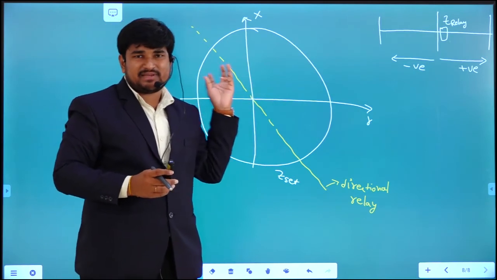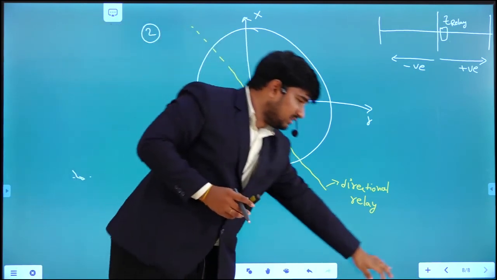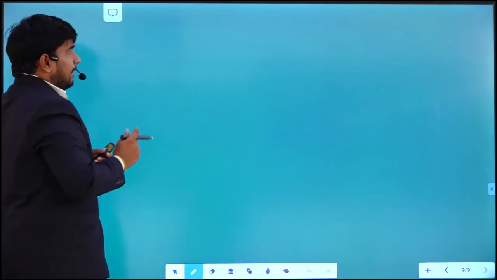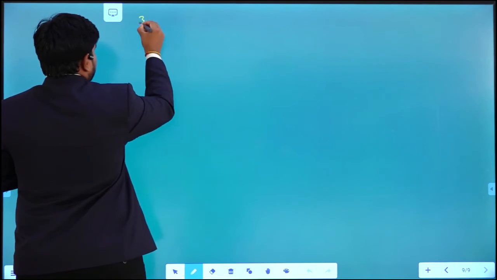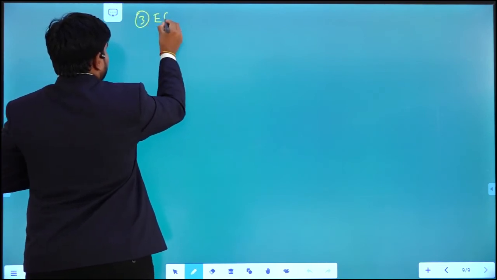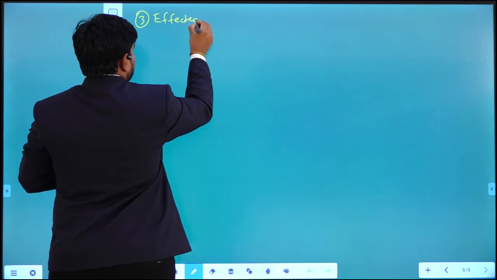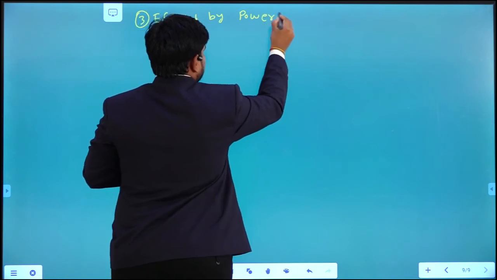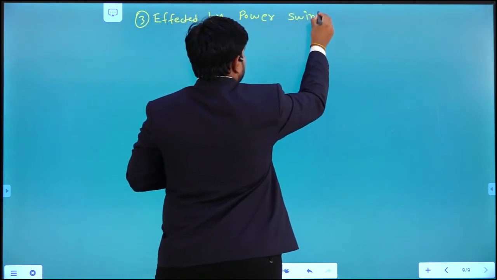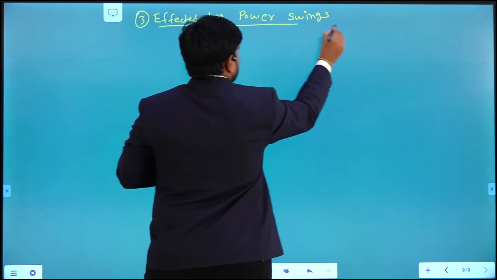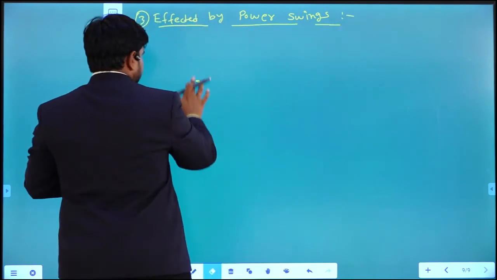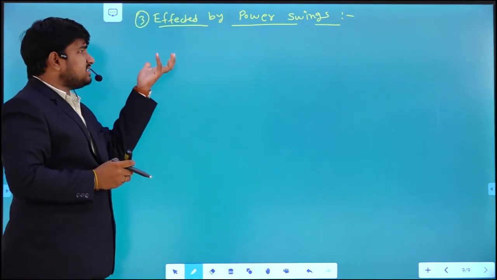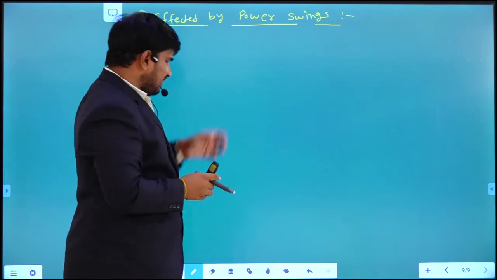The directional feature is missing in the case of the impedance relay. And the third limitation is that the impedance relay will be affected because of power swings.